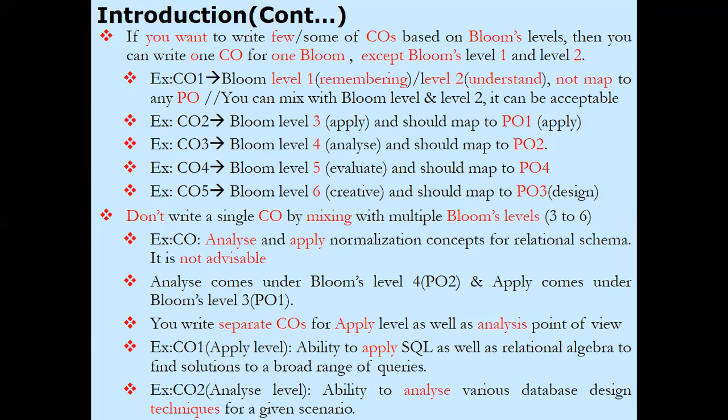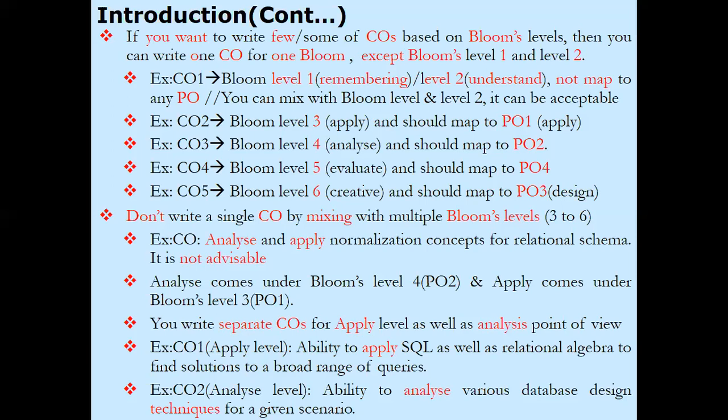Now, if you want to write a few POs or some of the COs based on the Bloom's level, then you can write one CO for one Bloom's level, except Bloom's level 1 and level 2. For example, CO1 is written based on Bloom's level 1 or level 2, in the sense of remember level and understanding level, but this particular CO is not mapped to any PO directly.